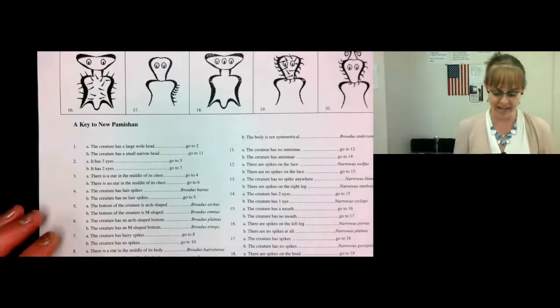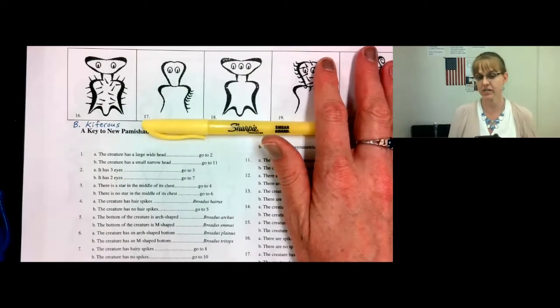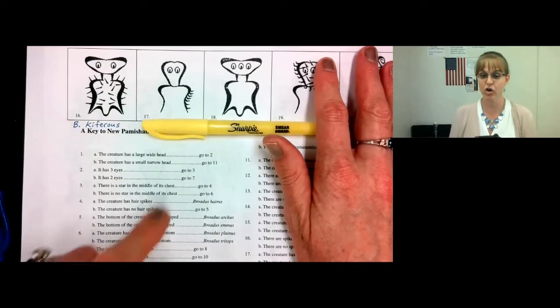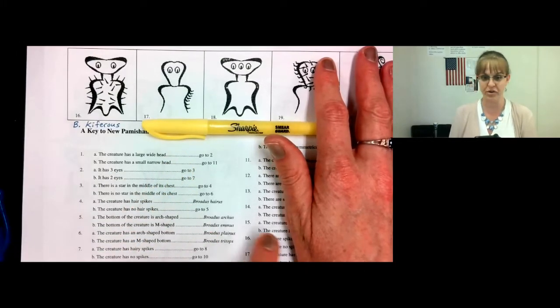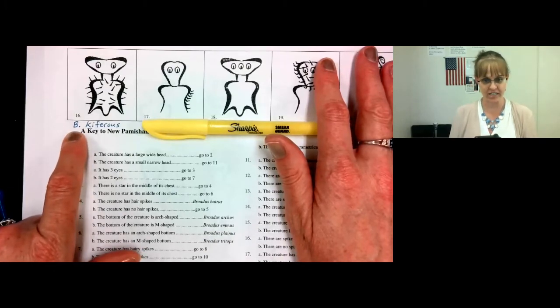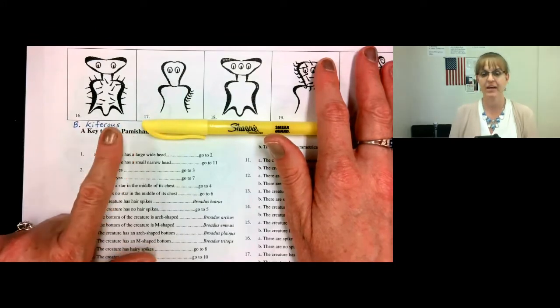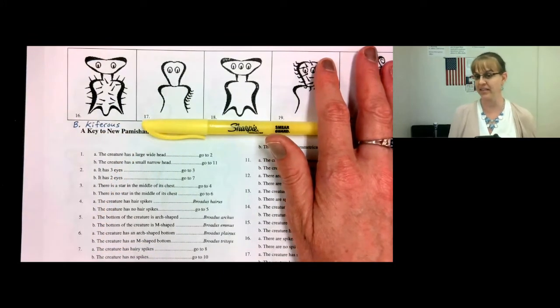So you would write Broadus Kyphorus under number 16. By the way, if you get tired of writing the entire word Broadus or Narrowus, you can just put B for the genus and then write out the species name. This is actually the way that classical names are done.